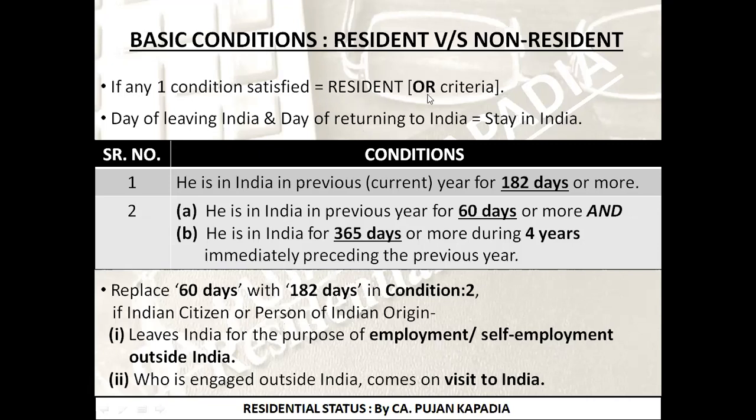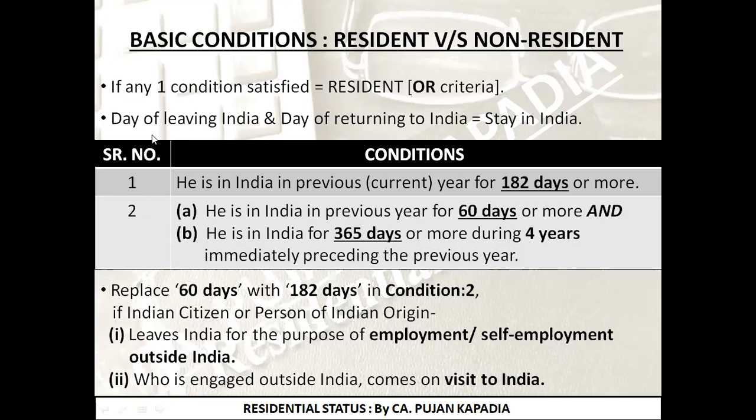So here I have the OR criteria. You can see in the table below that there are two conditions, condition 1 and condition 2. If any one of these is satisfied, we will say that person is a resident. However, if none of the conditions is satisfied, that is, if condition 1 and condition 2 are both not satisfied, then only we say that he is a non-resident.